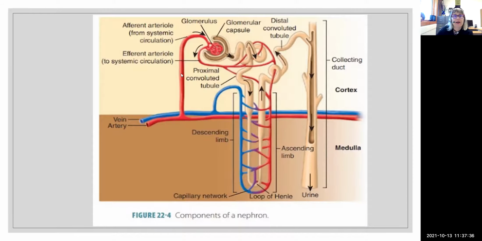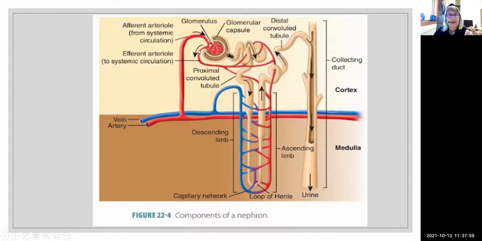So now you can see all the branches that lead from the aorta, renal artery, segmental, interlobar, arcuate, corticoradiate. Then we go into the afferent arteriole feeding into the glomerulus, which is going to be the exchange capillaries where we're filtering, and the filtrate is formed in the glomerular capsule.